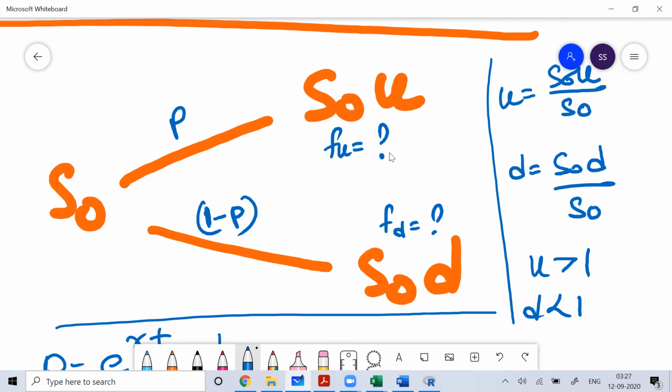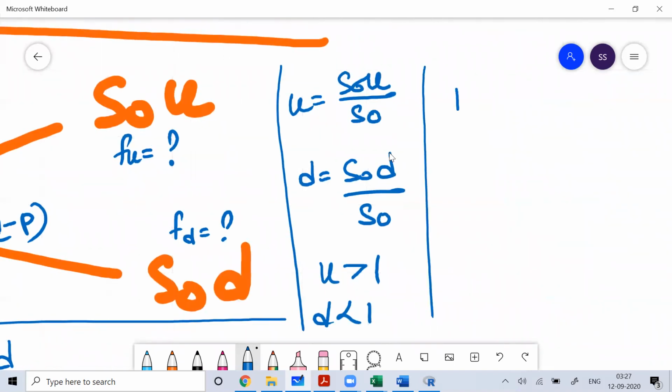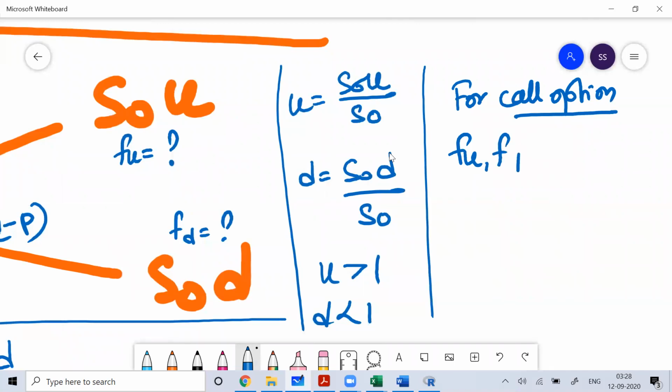So for a call option, fu or fd is equal to the maximum of ST minus K comma 0.